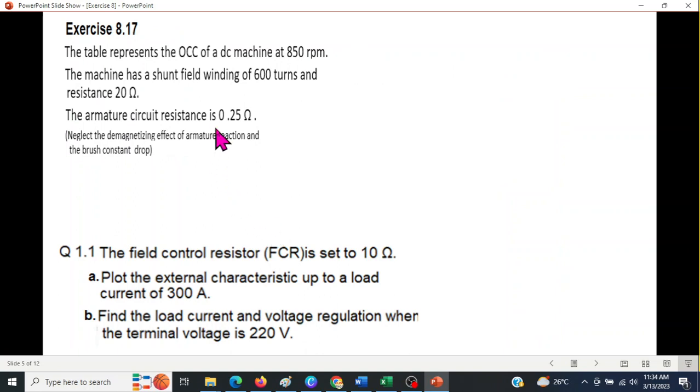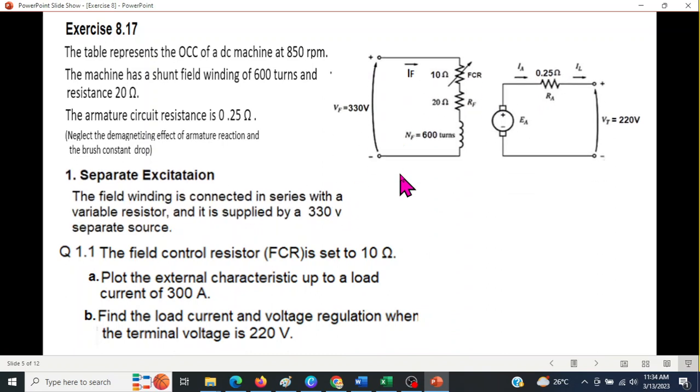Okay, now this is the question, and this is the first part of the question. But let me first draw the machine diagram. So it will be something like this. This is the separately excited field, and this is the armature circuit. And I have now plugged in some of the values that are given.